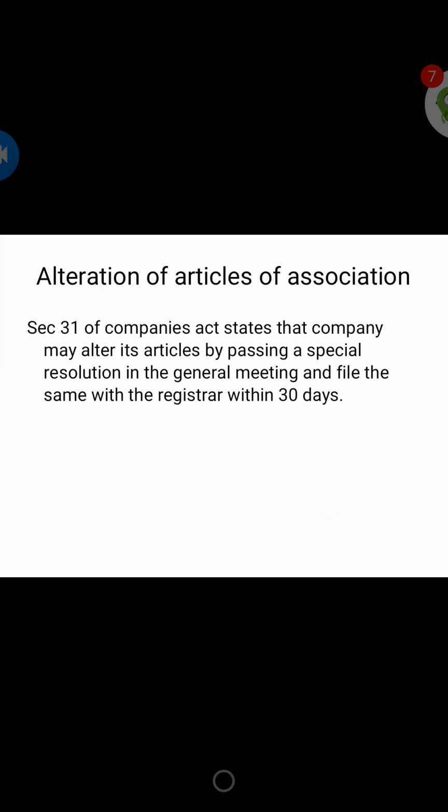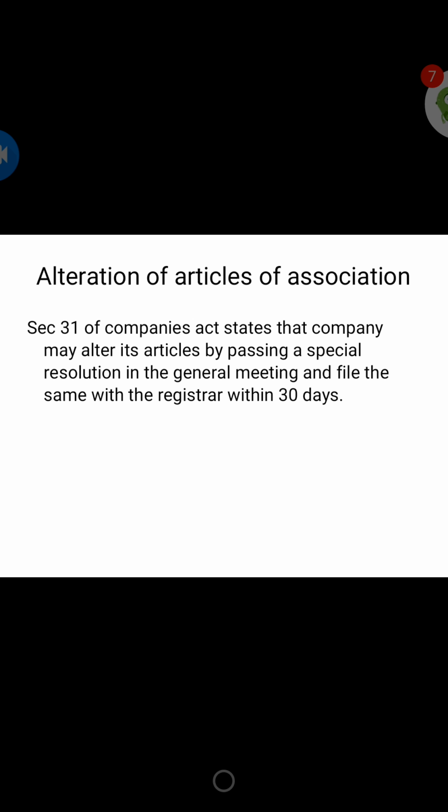Even though the memorandum says you cannot change the articles, you can still change it, because the power is given to you by the Companies Act itself. Whatever memorandum you prepare, you take the Companies Act as a basis. So the Companies Act is above your memorandum.